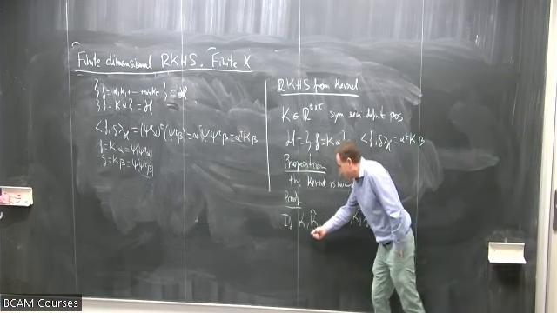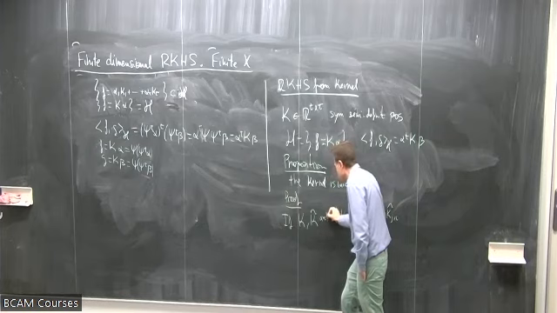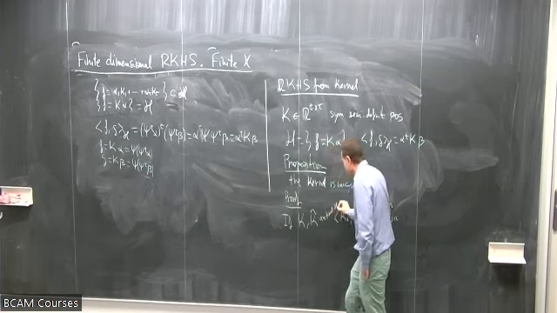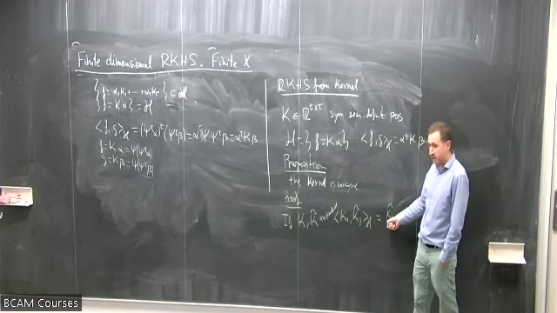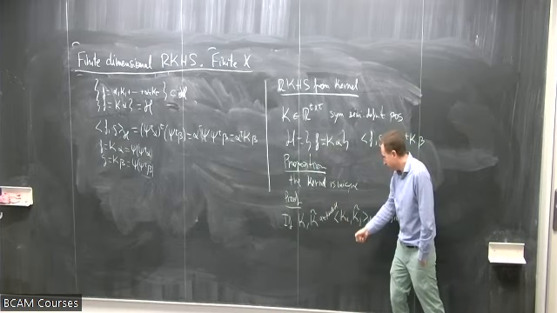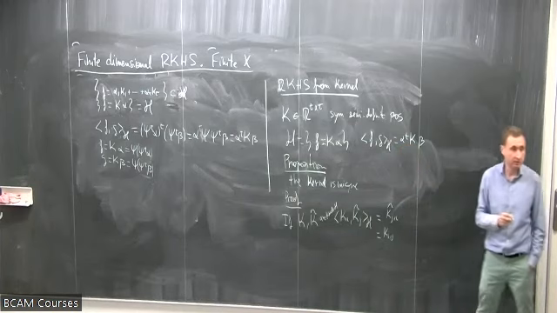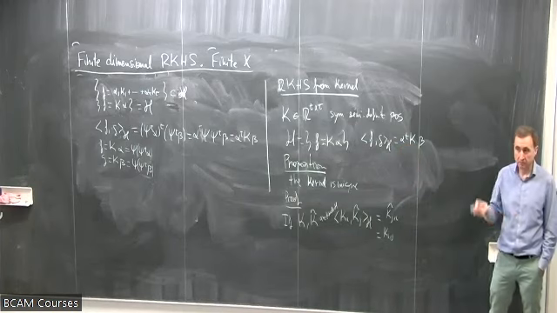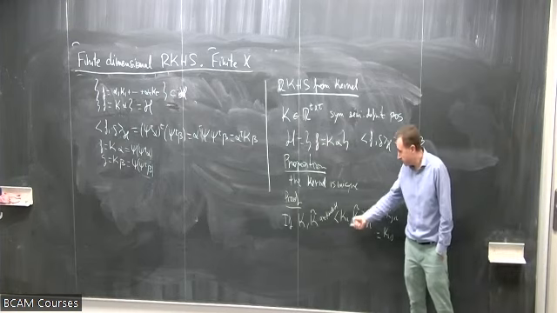Here, K and K tilde are for the same H, right? So if we do this inner product, on one hand we get this because K is a kernel. If K tilde is also a kernel, this will also be equal to K tilde.